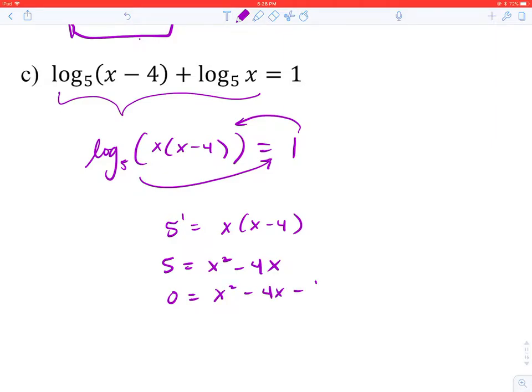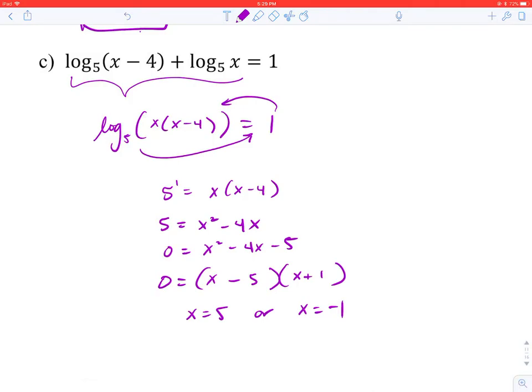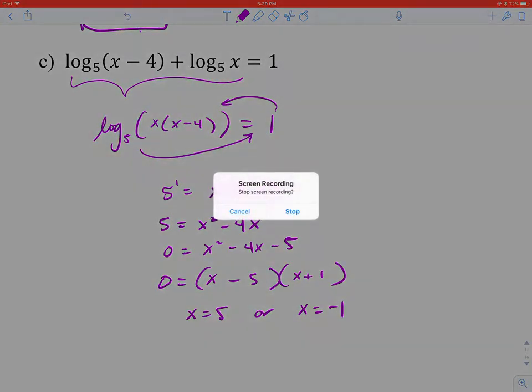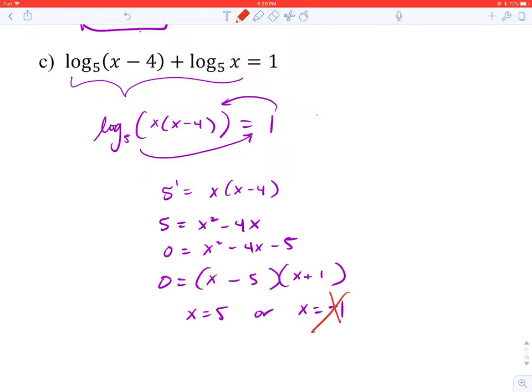And then we just have a quadratic. And we need to check for extraneous solutions. Negative 1's not going to work. But 5 will.